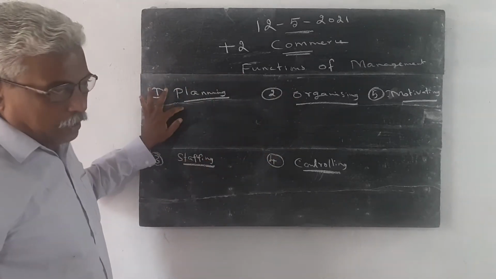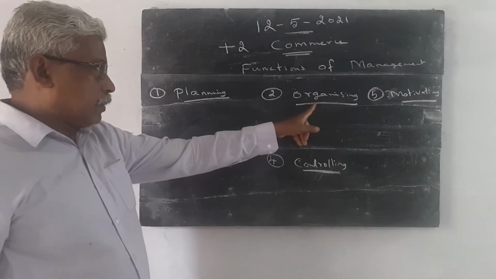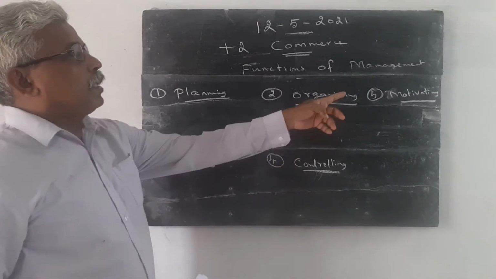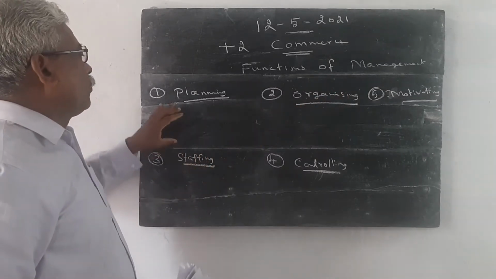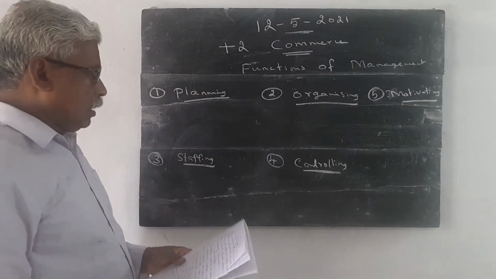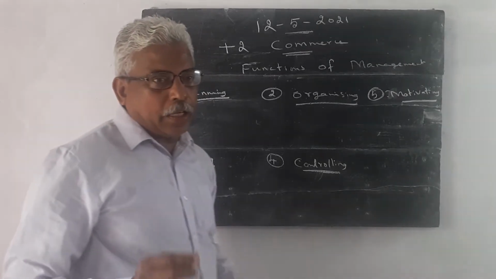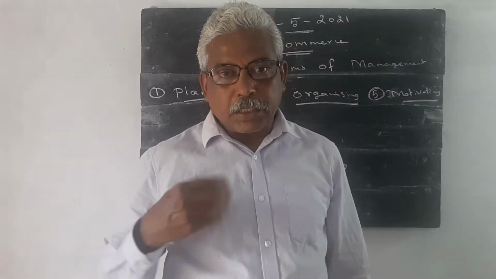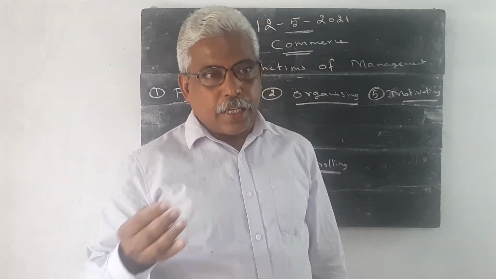What is the meaning of planning? What is the meaning of organizing? What is the meaning of staffing? What is the meaning of controlling? What is the meaning of motivating? We have to write at least 3 sentences in each and every point. Planning. We all know planning, 5-year plan. Then government is presenting the budget each and every year.